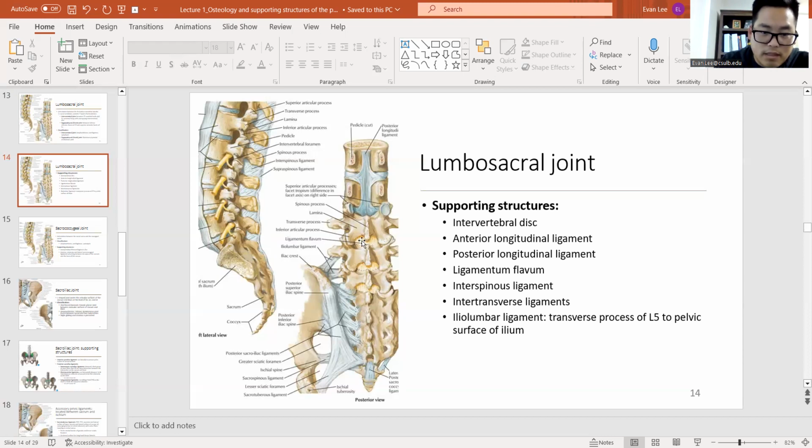And then if you look closely, right down here, you have ligamentum flavum, which helps with connecting lamina to lamina. We'll talk about the lamina later, but this is what's connecting the dorsal side of the vertebra, but not from the spine. So that's the interspinous ligament in that case.